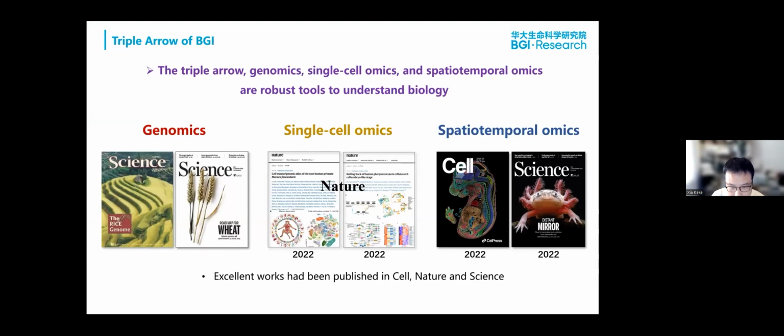The triple area of BGI, genomics, single-cell omics, and spatial-temporal omics are robust tools to understand biology. And many excellent works have been published in top journals, such as Cell, Nature, and Science. Today, I will focus on the application of single-cell omics and the spatial-temporal omics of BGI in plant studies.